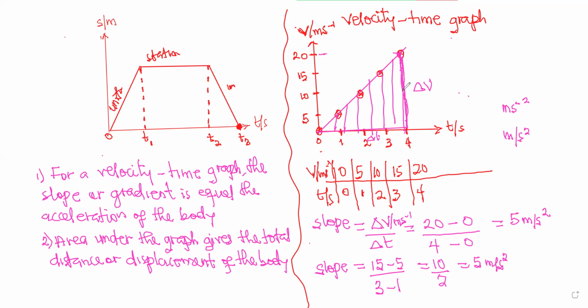And it's a triangle. So if you want to find the total distance traveled, use the area of a triangle, which is half base times height. What is the base? The base is this value.